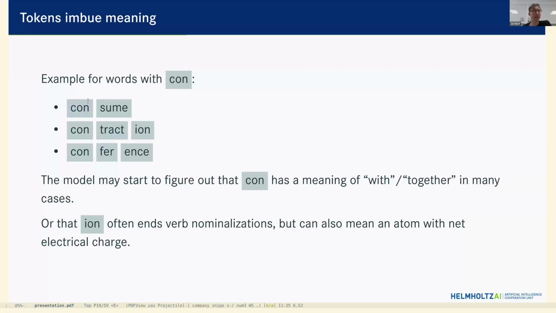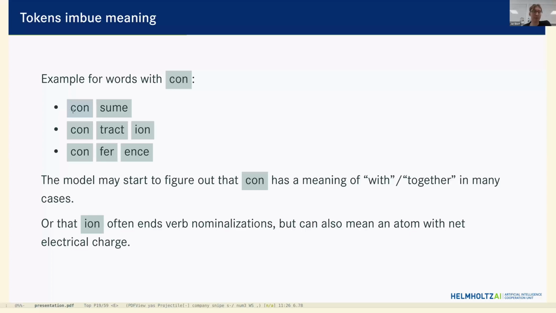For example, we have con and sum, which together make the word consume, or we have the tokens contract and ion, which together make either contract, the verb, or contraction, the noun. And we have the same for confer, which is a verb, or conference, the noun, to get together. And in all of these words, con has this meaning of with or together.